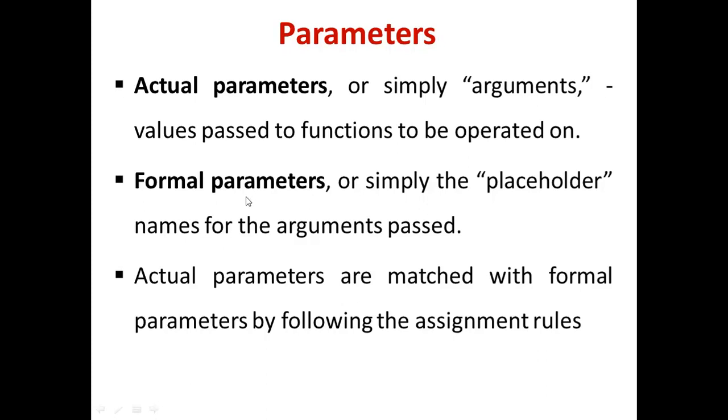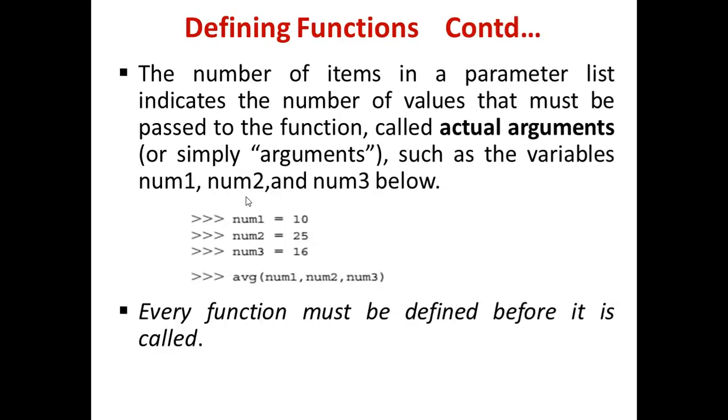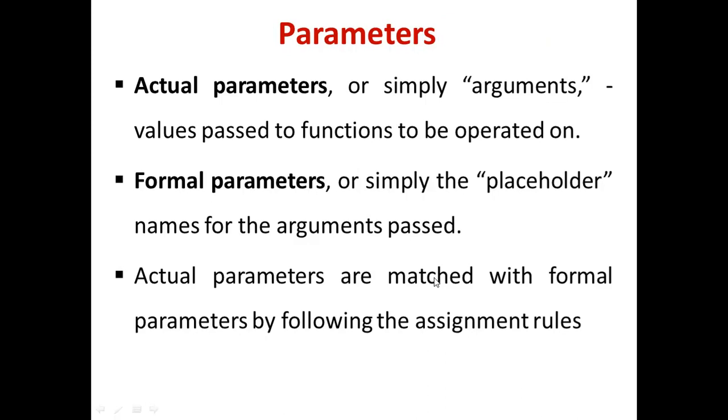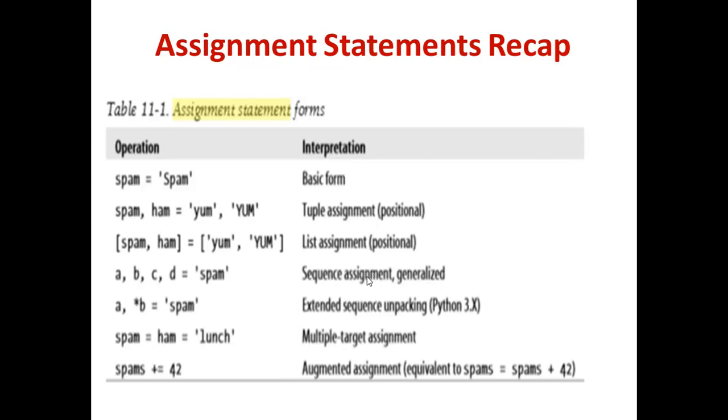When you're defining it, when you're writing the function header, there you will be placing n1, n2, n3, which are called formal parameters. Formal parameters simply act as placeholders. Actual parameters are matched with the formal parameters at the end. The assignment happens, and finally it is matched with the original value.